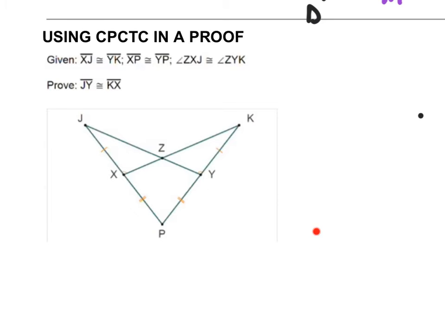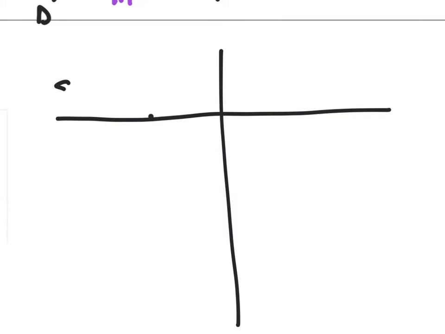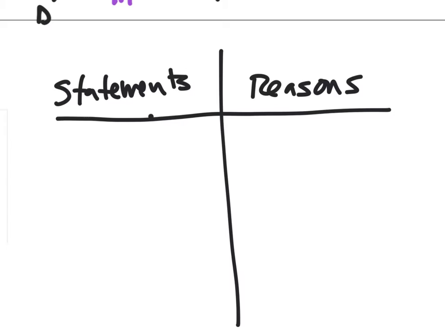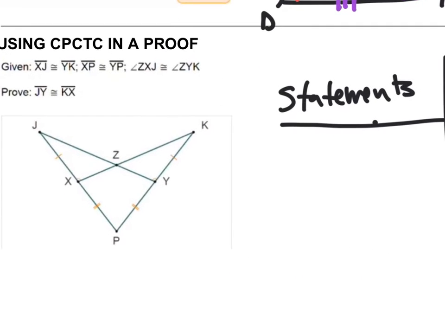But let's just start off with what we know. Let's start off with our table, and we're going to write in our statements and reasons. The first thing I want to say are the given statements. Statement one is that XJ is congruent to YK.